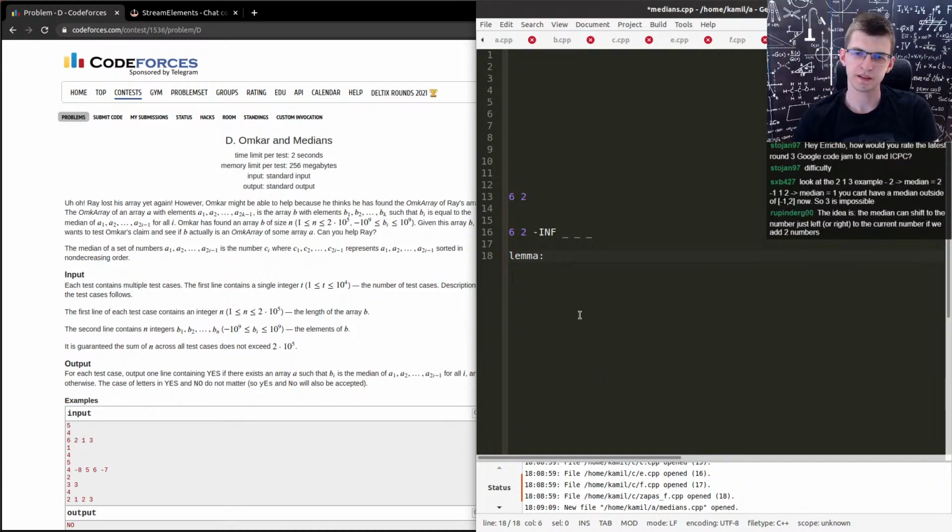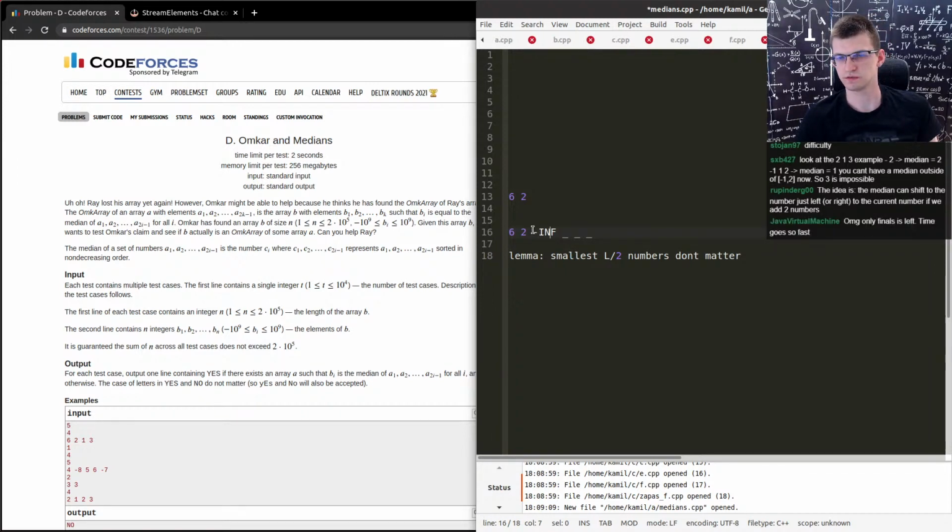I mean, it's obvious to say why minus infinity doesn't make any difference compared to minus infinity plus 1. Here it's actually L over 2, where L is the current length of the sequence, because they will not affect the median. It just matters that they are there.